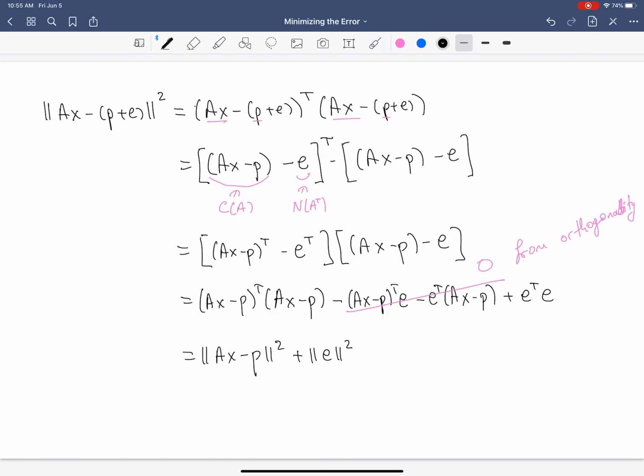So what we see here is that we could minimize, to minimize this error, the question is what kind of P to use, right? We could make this 0.